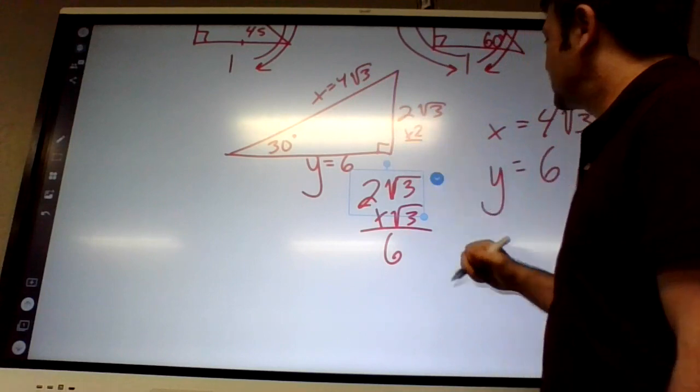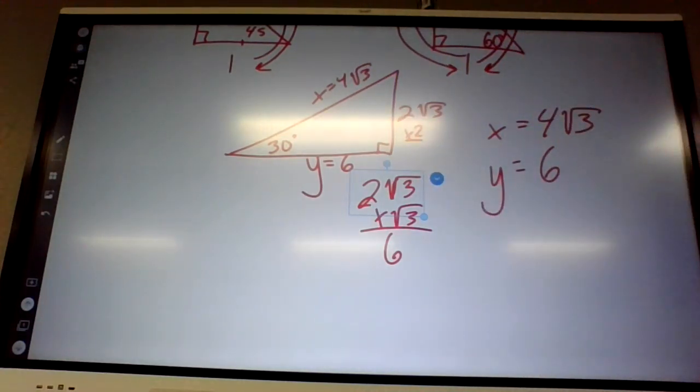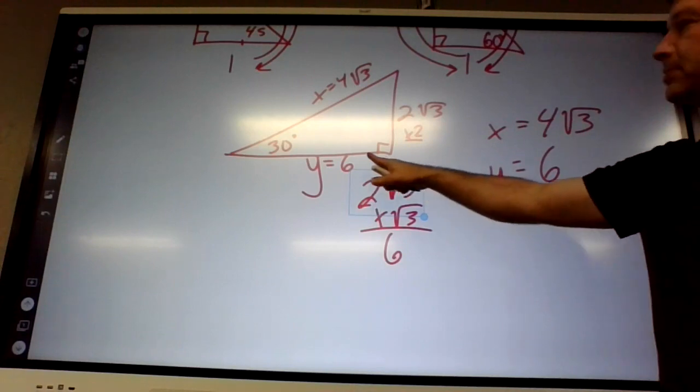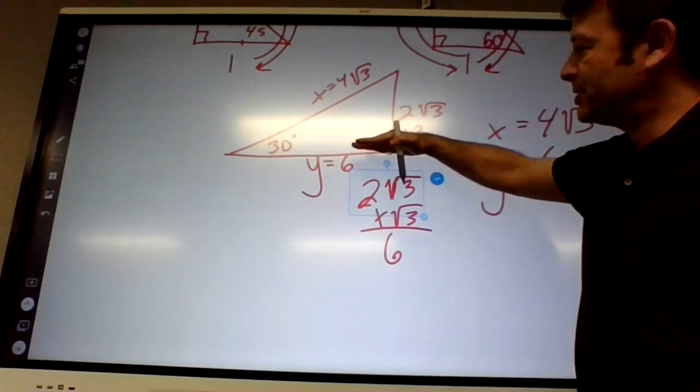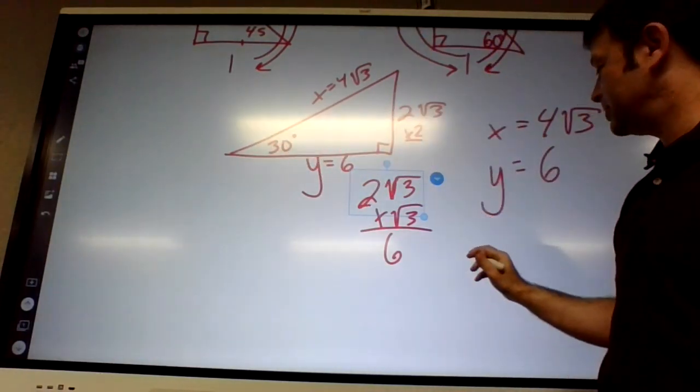The other thing they ask for is area. How do we find the area of this triangle, or any triangle? Base times height divided by 2, right? So base 6, height 2 square root of 3.